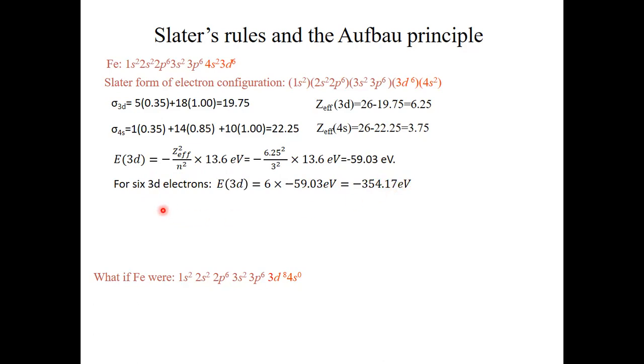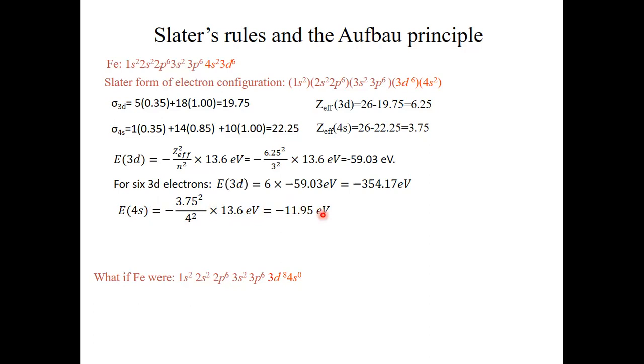So we have to do an analogous calculation for the s electrons. For one 4s electron, the energy is the effective nuclear charge squared, which is 3.75 in this case, over 4 squared, because n is equal to 4, times 13.6 electron volts, and that's minus 11.95 electron volts.